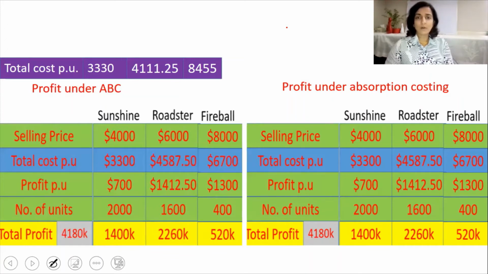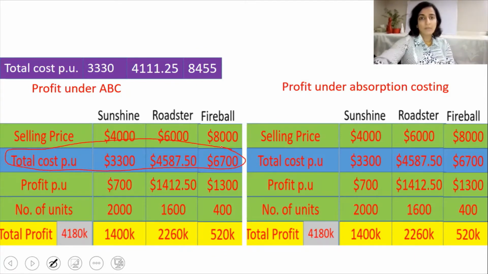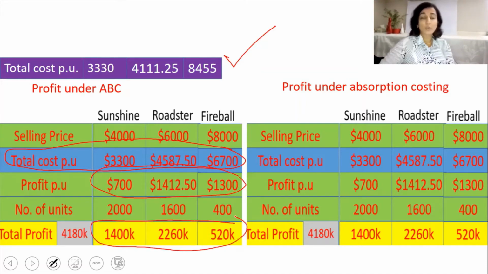I've just made a copy of the absorption costing, and I am going to substitute the total cost per unit with the new figures that we have obtained from ABC. And obviously the profit per unit will change and the total profit also will change. So let's substitute and see.